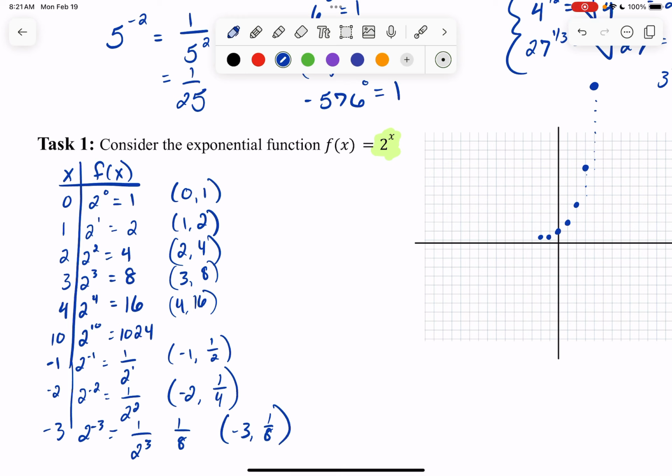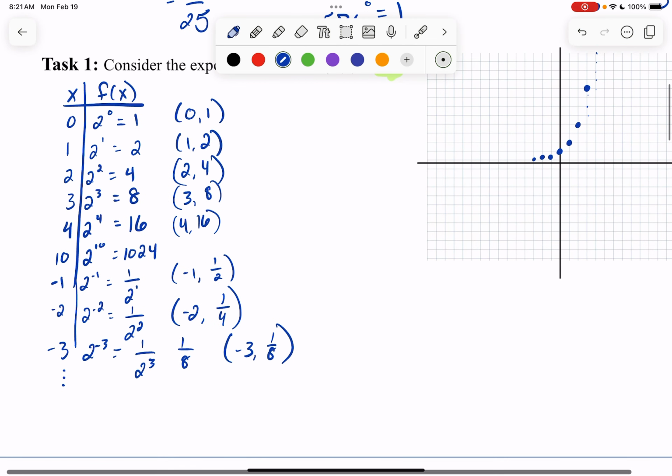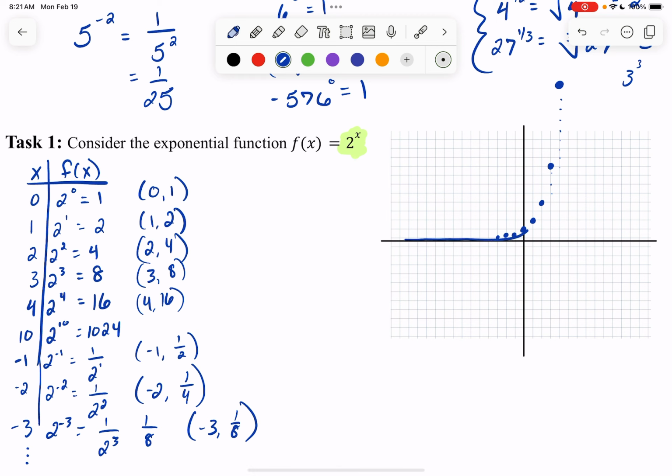You see, I'm just getting smaller and smaller fractions, and as I go, I'm going to keep getting smaller and smaller fractions. I'm never actually going to get a negative, because the negative exponent takes the reciprocal. So my graph ends up looking kind of like that. I'll pretend I hit those a little bit better.